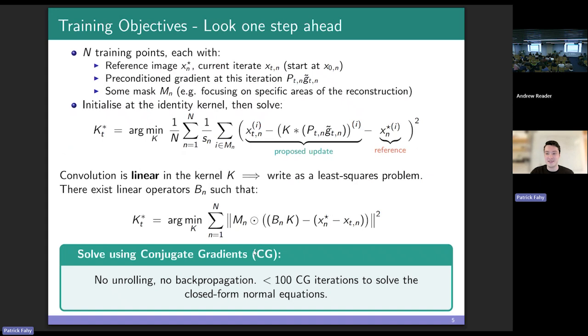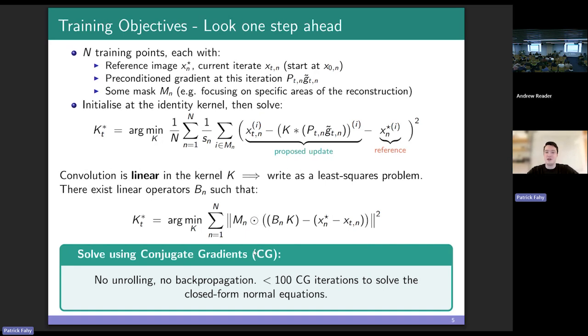Okay, now this is a fairly dense slide. How we train things is we just start at an iteration and look one step ahead to learn that one kernel. We have n training points, each of which has its own reference image, which is provided.